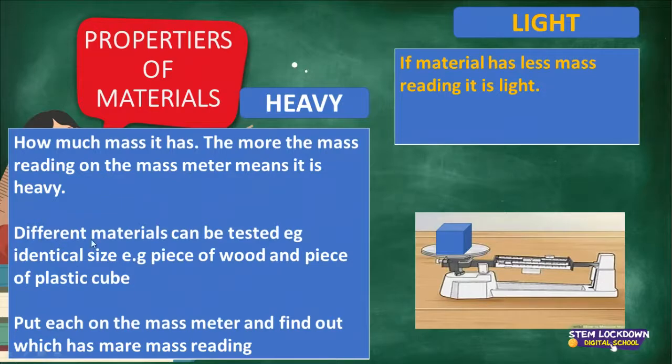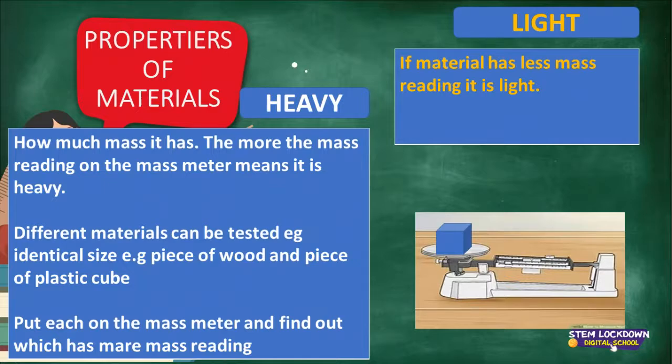So different materials can be tested, for example, identical size of a piece of wood and piece of plastic cube. Here you must be careful because the size must be the same so that it is a fair test. To conduct a fair test, measurements in science are very important so that our tests are accurate without an error.